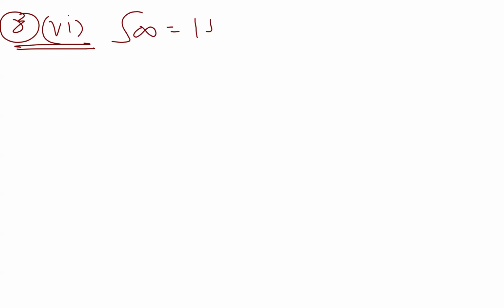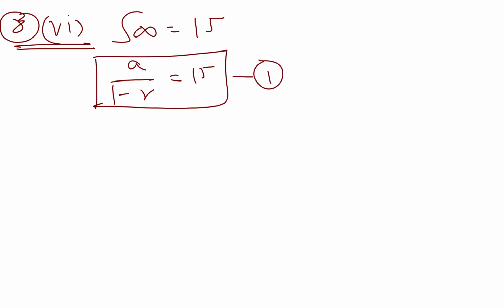So S infinity is equal to 15. A upon 1 minus R is equal to 15. Equation number 1. Read the first line: sum of an infinite geometric series is 15. So S infinity is equal to 15. Don't use the Sn formula. Infinity is mentioned over there.